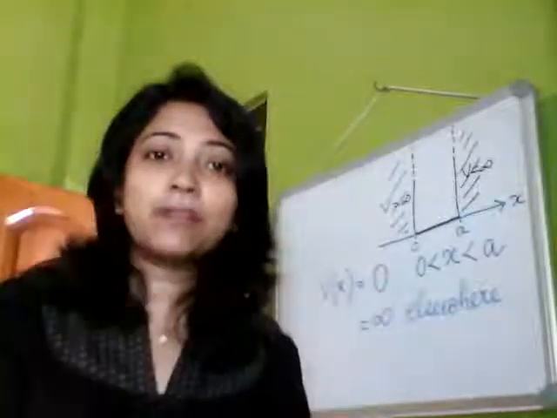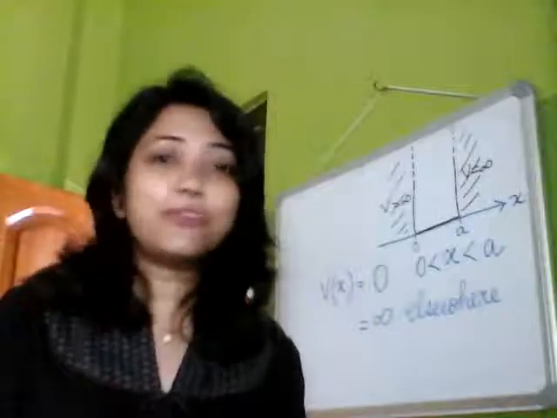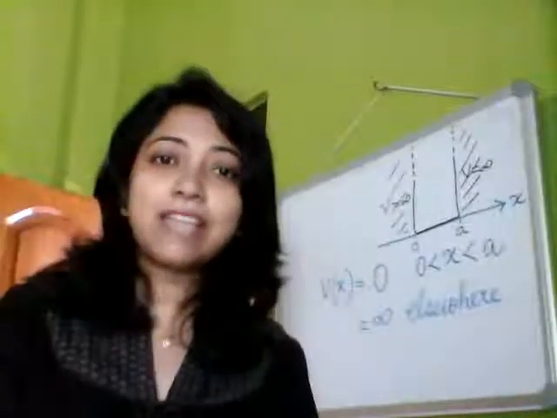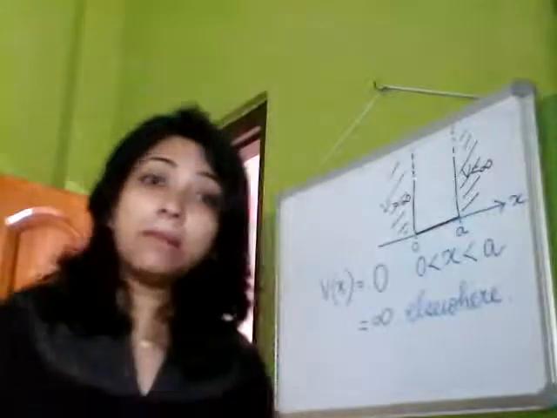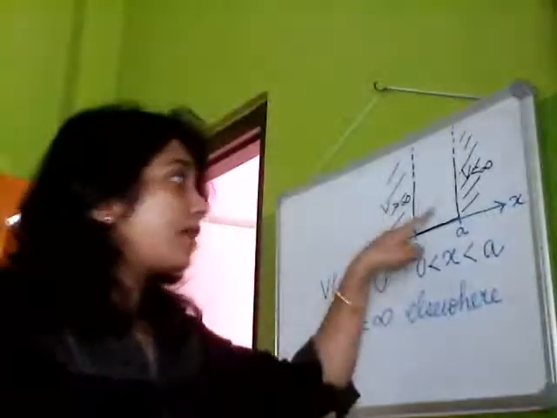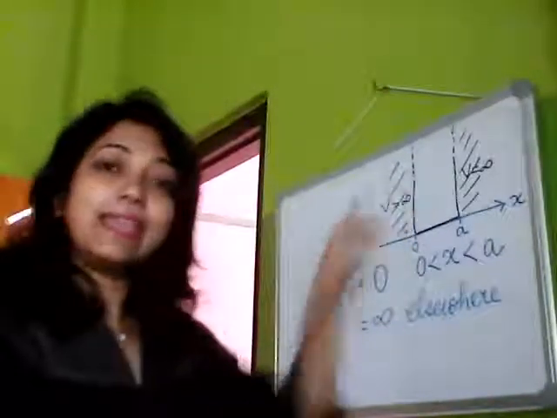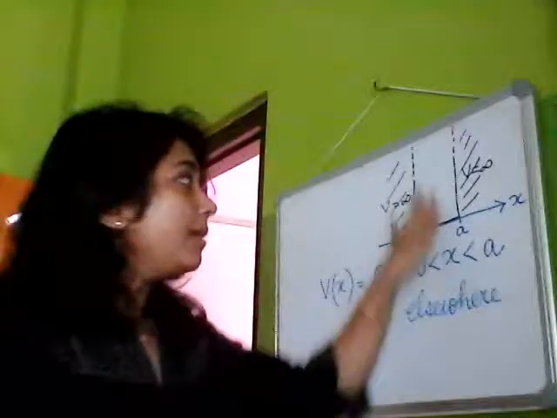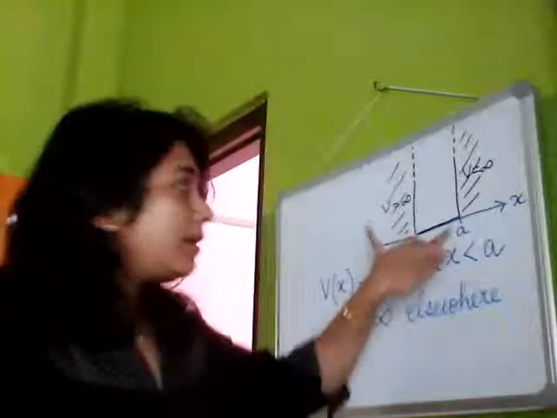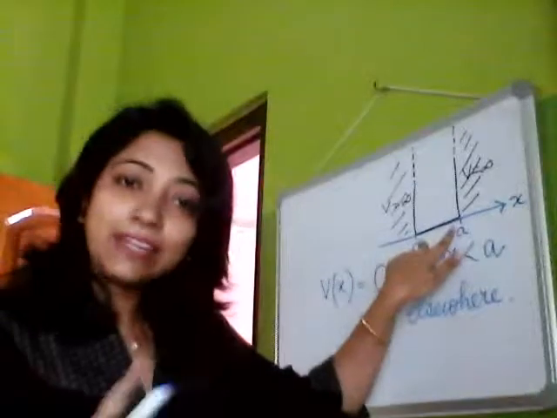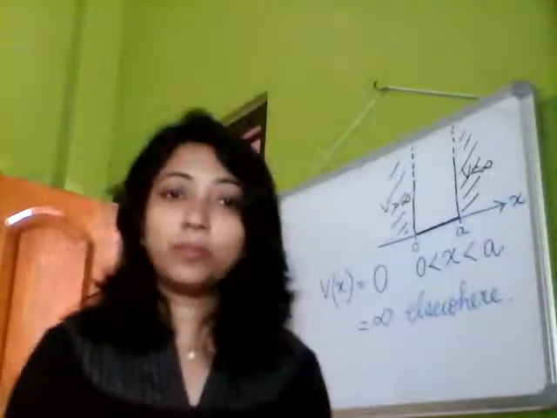If I'm dropped into a well, it is not easy for me to come out of it, as if I have been put inside a very deep well. In the same manner, a particle which is confined within this kind of a well is present only within the position 0 to a region. Elsewhere, it cannot be present.